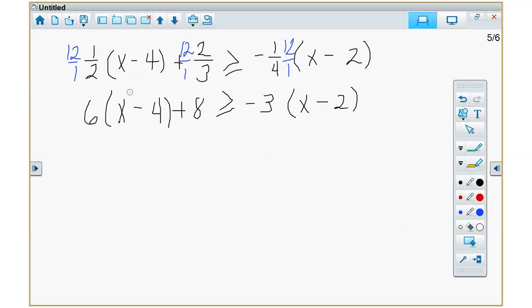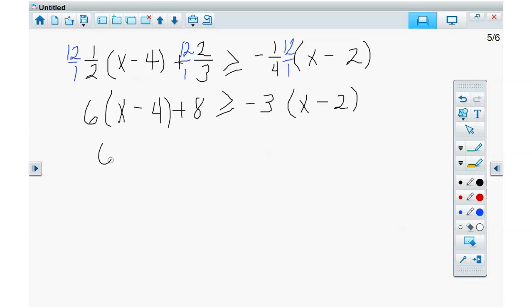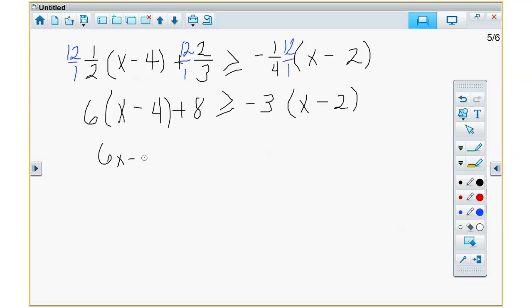So distribute: 6x minus 24 plus 3x is greater than or equal to negative 3x plus 6.